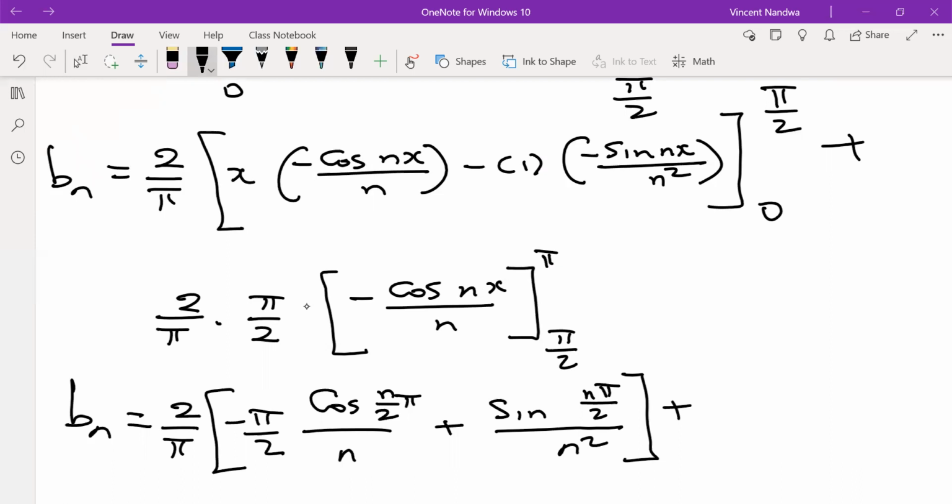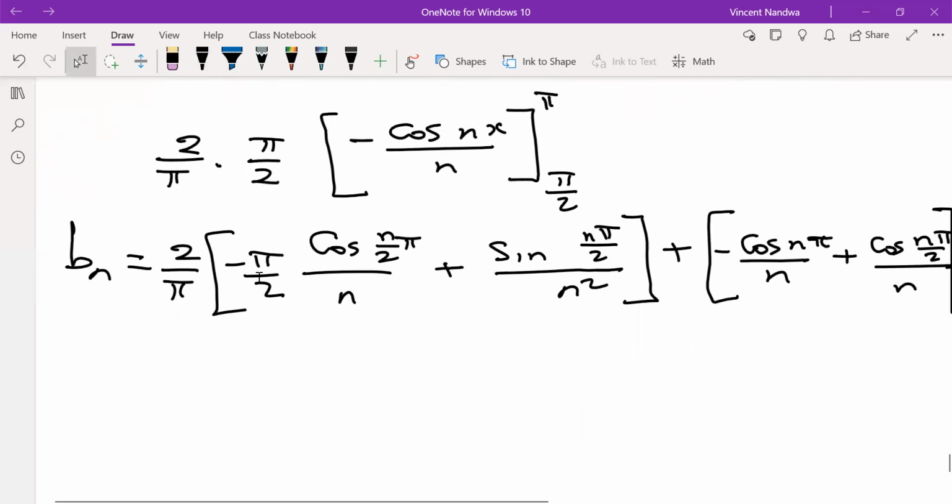When you put in the limits, we get minus cosine of n pi divided by n, and then plus cosine of n pi over 2 divided by n. So that's our Bn terms.